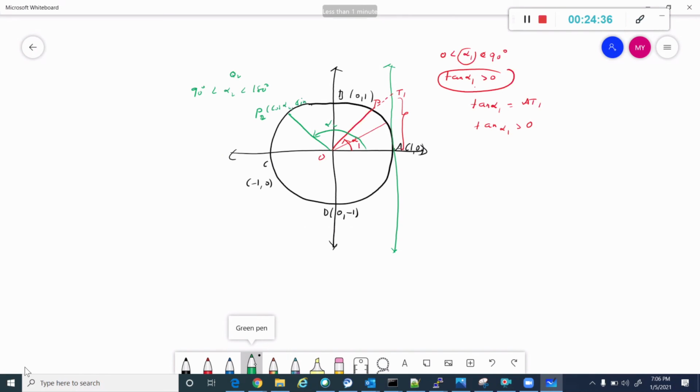In which direction do I have to extend? Backwards. So this is my T2. This direction is the negative y-axis, so your tan alpha 2, which is equal to AT2, is less than 0, by definition.